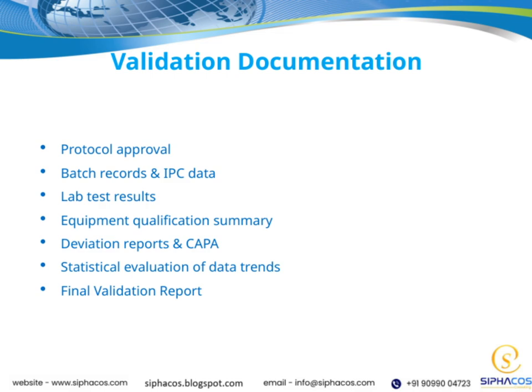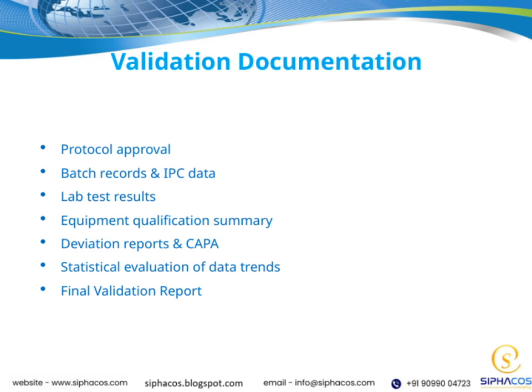A statistical evaluation of data trends helps us analyze the data comprehensively, identifying any patterns or anomalies that could impact quality. Once all these aspects are thoroughly reviewed, we compile the final validation report, summarizing our findings and confirming that the process is validated.